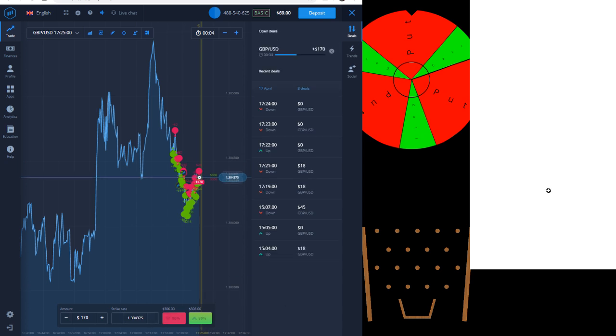Okay, so now the danger is that this might be my last trade because as per the strategy, I must continue to double up on my amount.